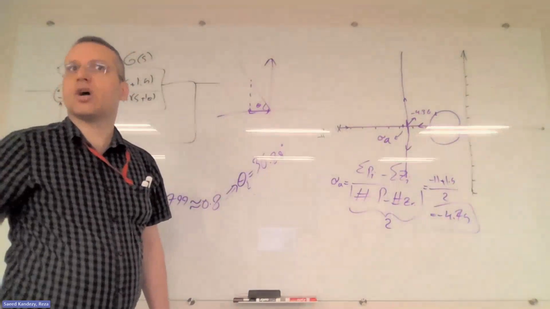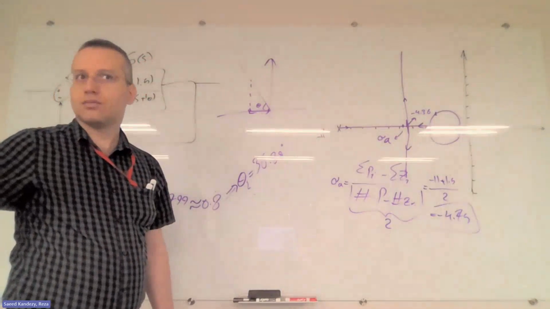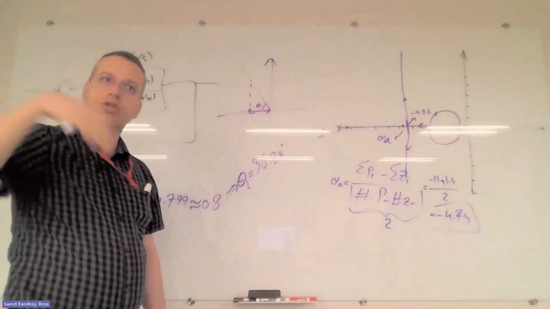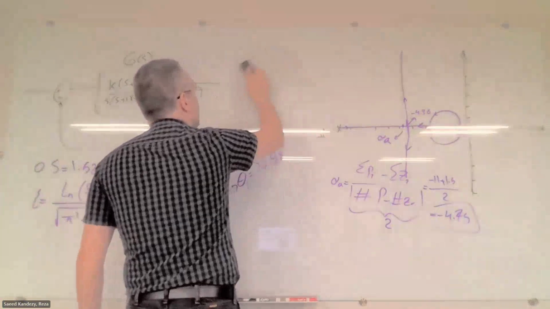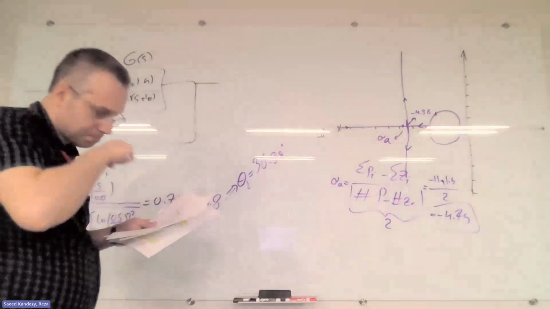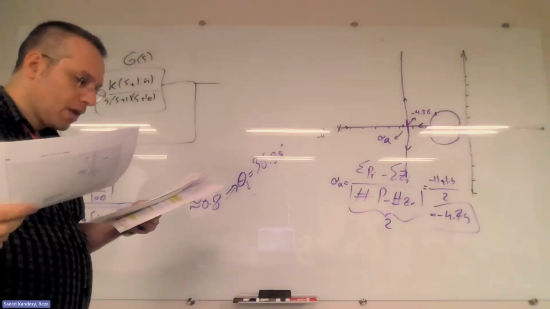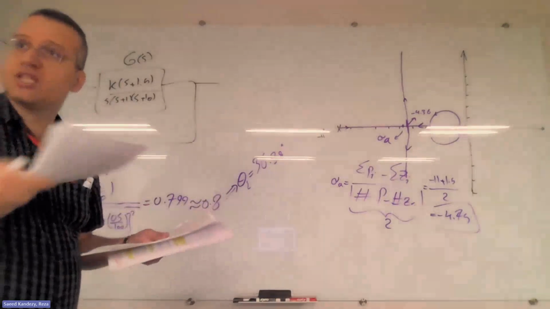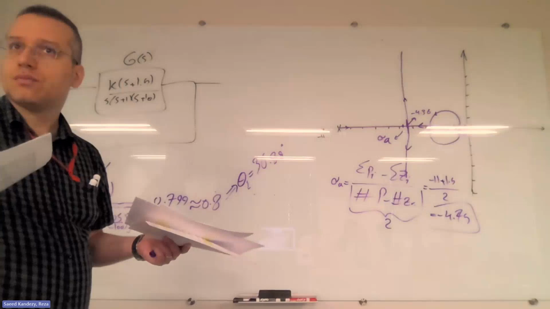So cosine of that theta is going to be the psi. Is that clear? So the reverse of that is that cosine inverse of that psi is going to be the theta. Very good.